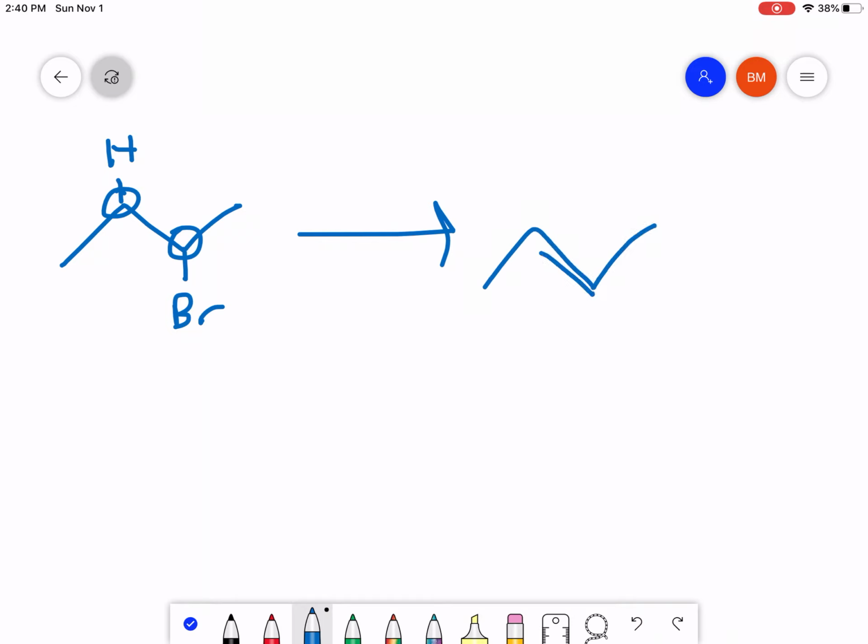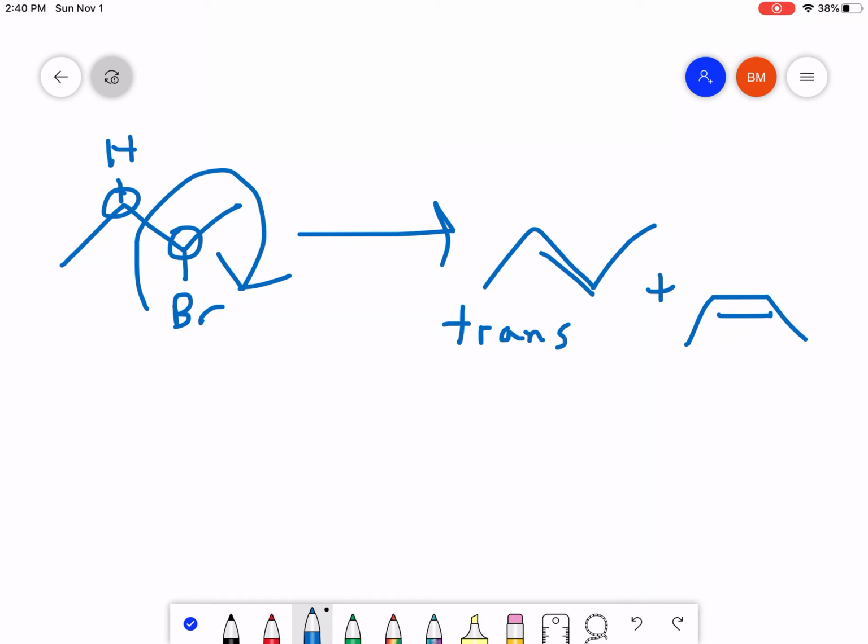That's pretty easy. However, there's another way we can draw the zigzags, depending on rotation around this carbon-carbon single bond. We can get this, but we can also get this. This is what we call the trans form, and this is what we call the cis form.